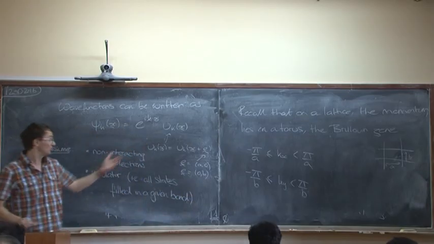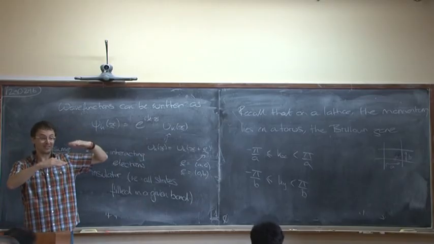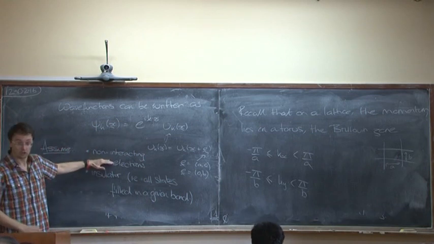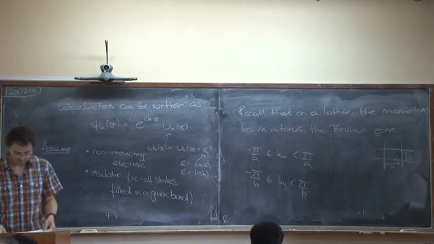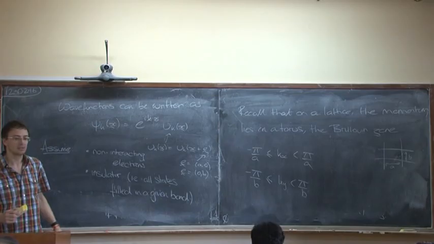What does that mean? Always with a lattice you get bands, and you fill some bands so the Fermi energy lies between bands. So we have an insulator and non-interacting, a very, very simple system. Any questions about the general system?